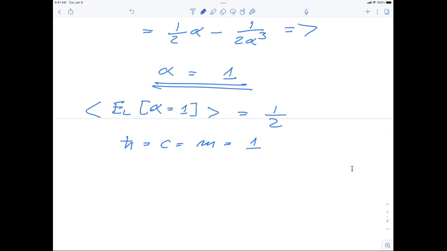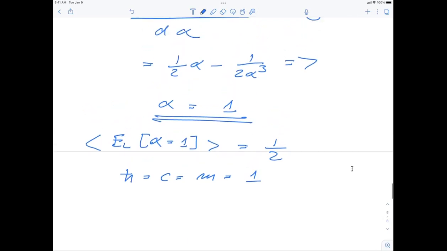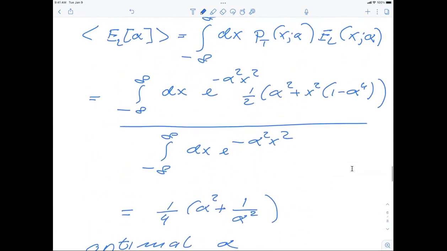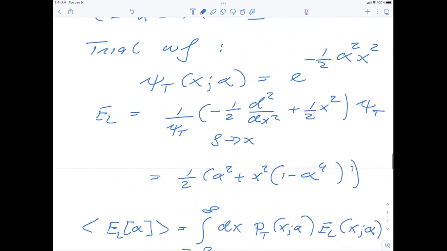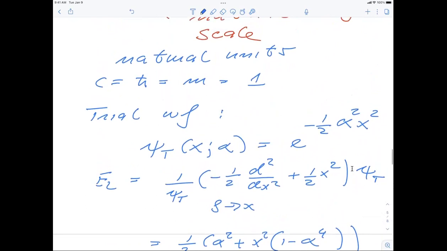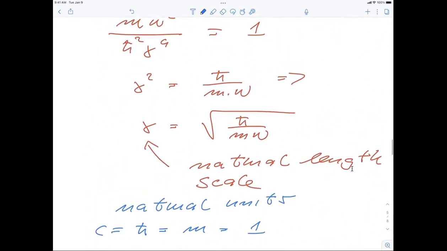So remember now that when alpha is equal to 1, this alpha equal to 1 is going to play the same role as what we did up here. It's going to play the same role as this parameter gamma. So this corresponds to us having a natural length scale with a frequency which is equal to 1 for this specific problem here.